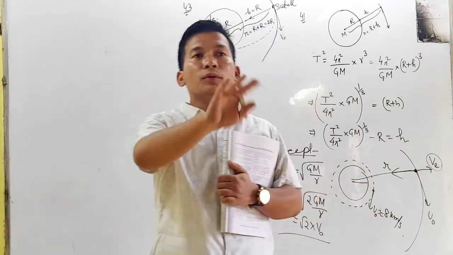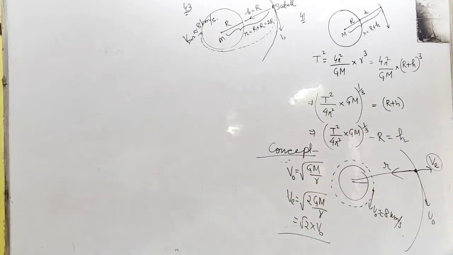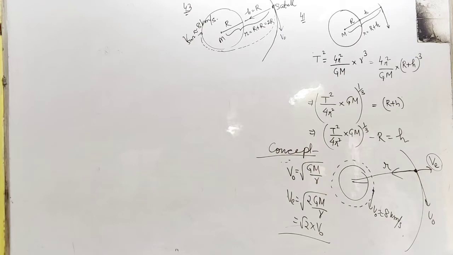From the options, without any calculation, the answer will be option number 2. Option number 2, the 11.2 is the escape velocity, not the orbital velocity. Option number 1, the 7.919, is almost near to 8, but the unit is meter per second.